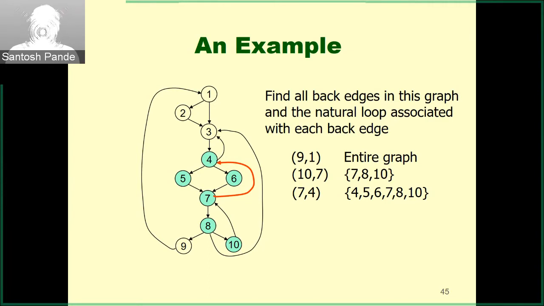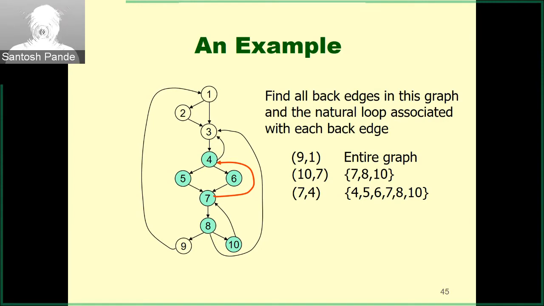Now, sometimes, of course, you will also see that there could be two loops which might share a header, which may have certain parts overlapped, but which may have two different back edges. So it is possible that some loops are also sharing certain edges.